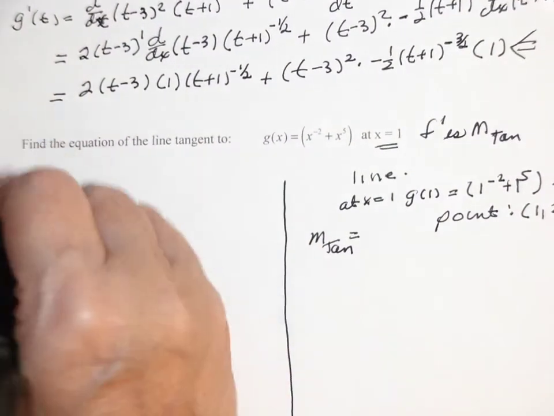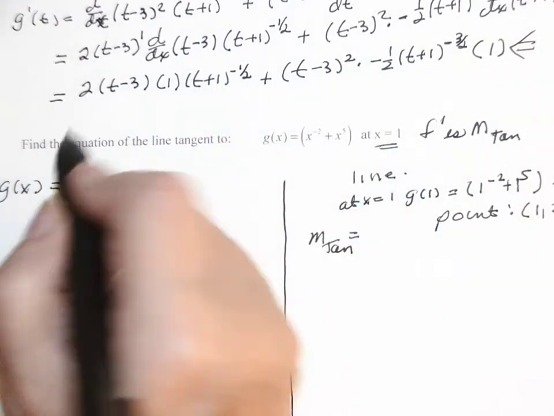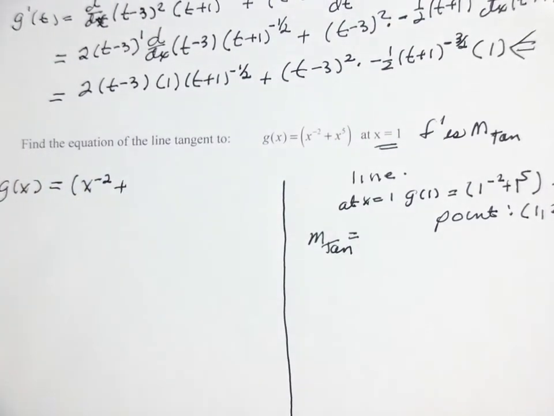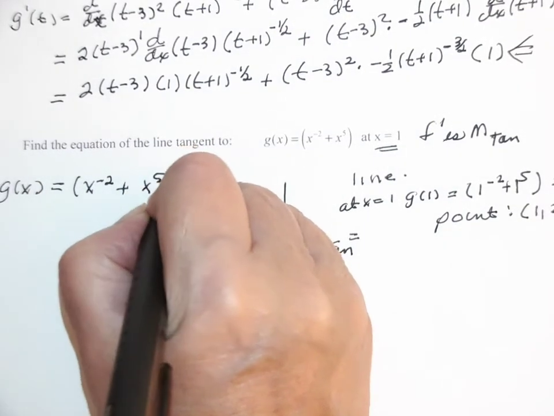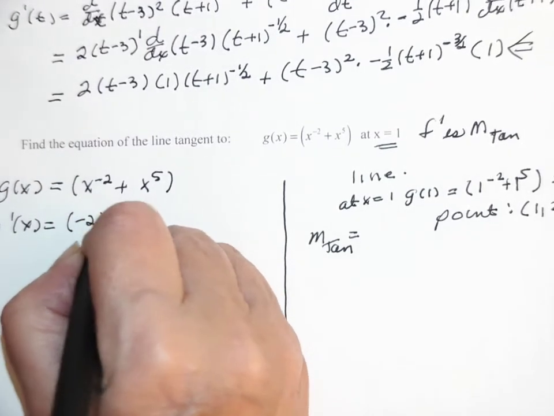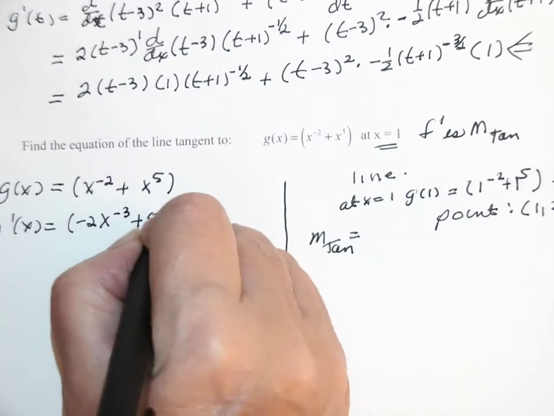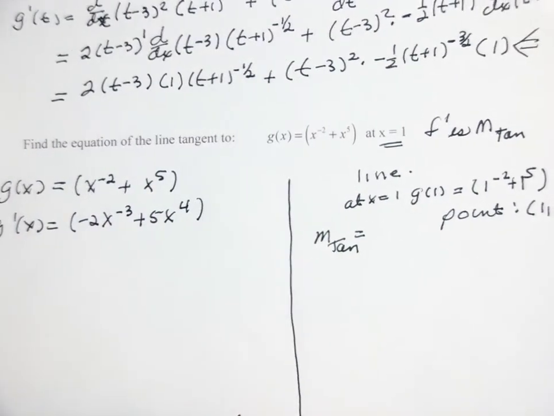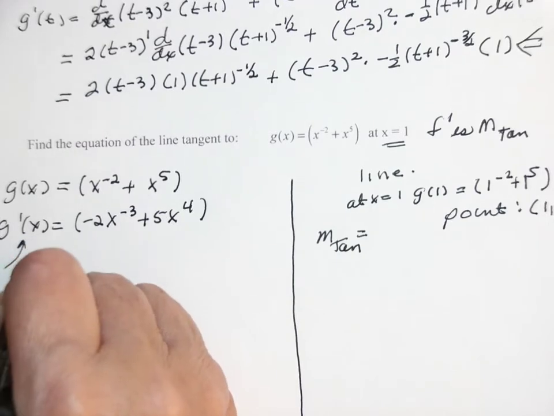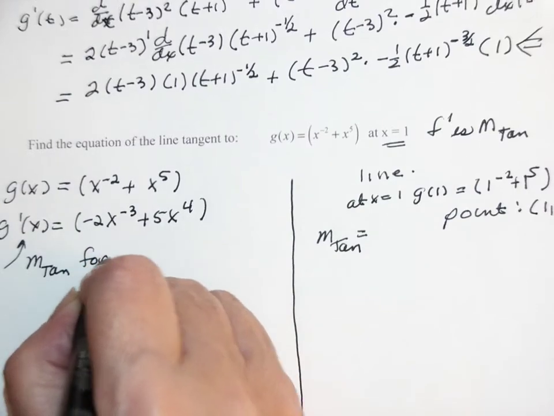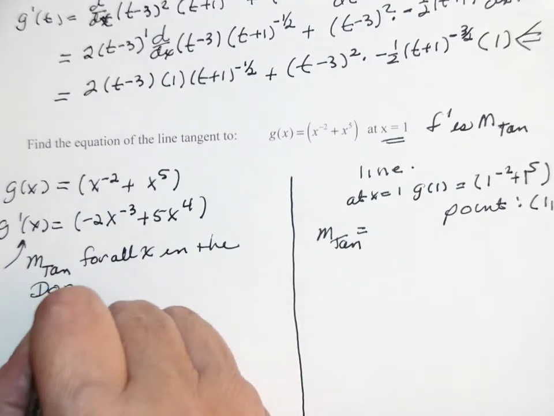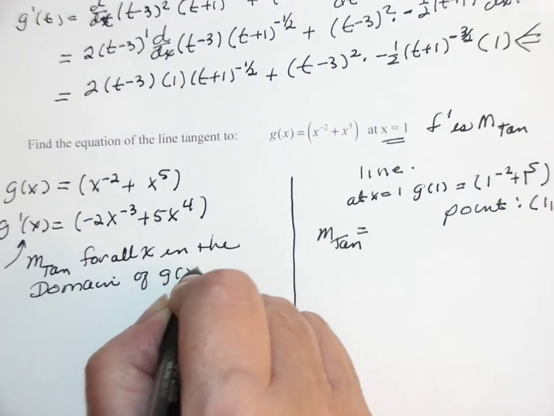So now I need to find the derivative. So if g of x is equal to x to the minus 2 plus x to the 5th, then g prime of x is negative 2 x to the negative 3 plus 5x to the 4th. This is the slope of the tangent for all x in the domain of g of x.